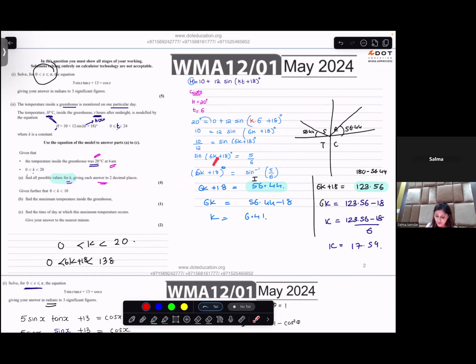So first I would solve for the transformation to get the theta, and then I would find the value of k. This should be very clear to you. Okay, so with this, I cover the part 2 where I have to find all the possible values of k, and my k is 6.41 and 17.59.